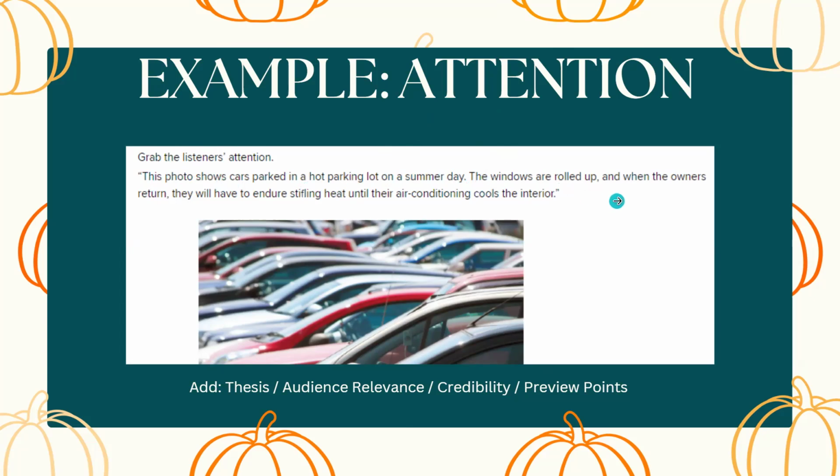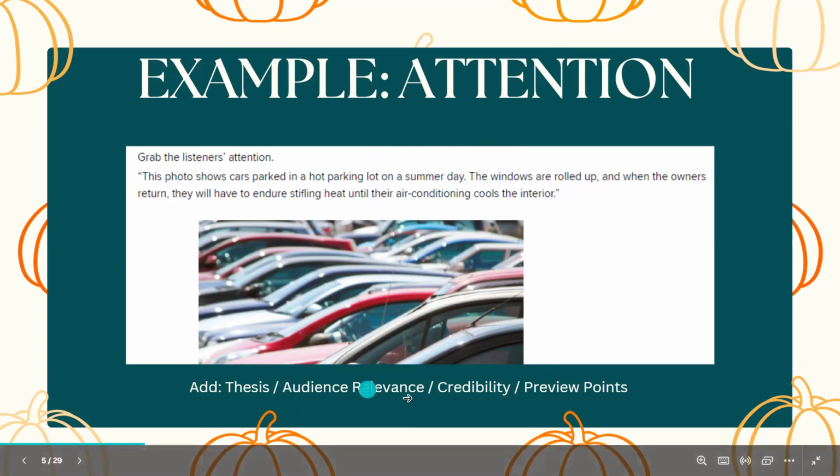The windows are rolled up, and when the owners return, they will have to endure stifling heat until their air conditioning cools the interior. So they're using that imagery for their attention getter. The thing I would want you to add, obviously, is your thesis, audience relevance, credibility, and preview points.